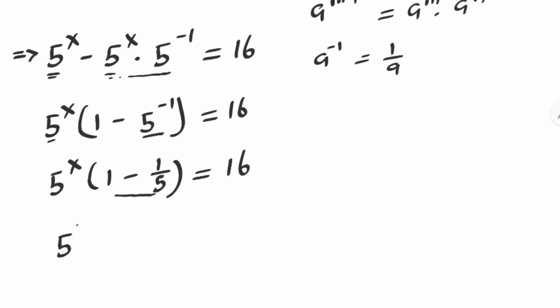We have 5 raised to power x bracket, this is 1 over 1 minus 1 over 5 is equal to 16.